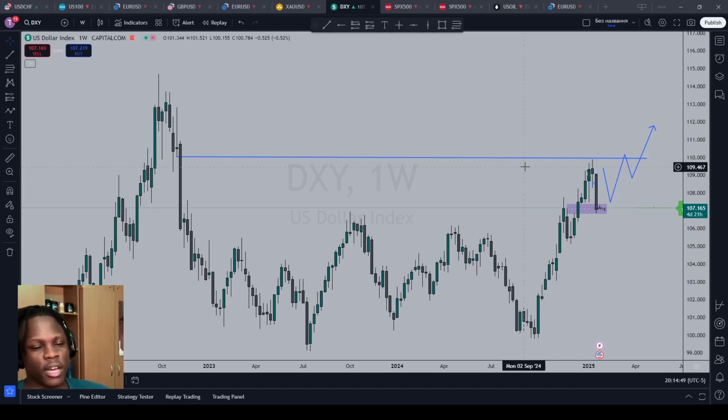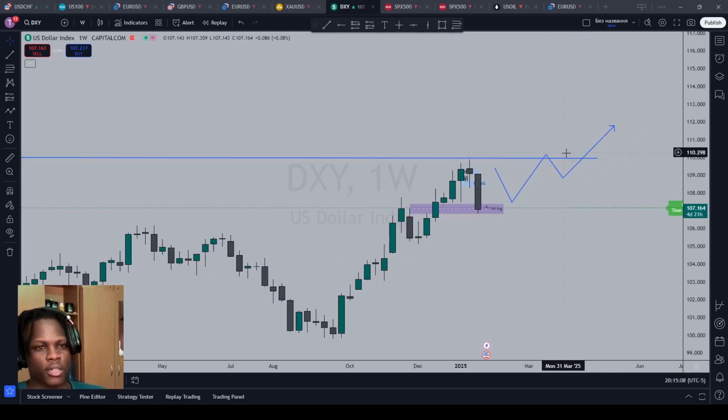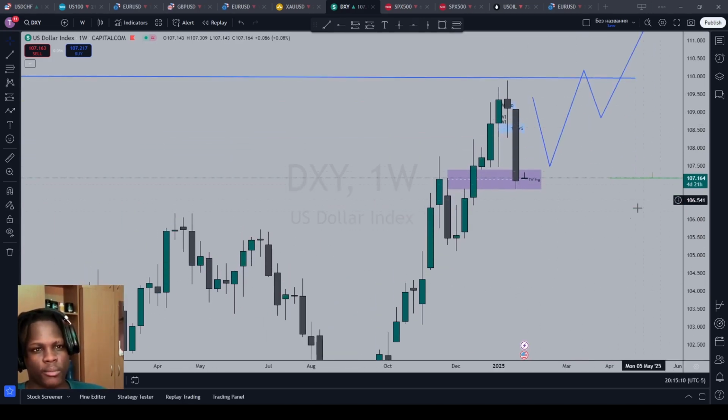Then in the afternoon session, the New York session, I was expecting price to start going higher according to my bias. So I didn't see this. This was what I was expecting for last week. I was expecting price to simply go below these relatively equal lows. Let me highlight them.